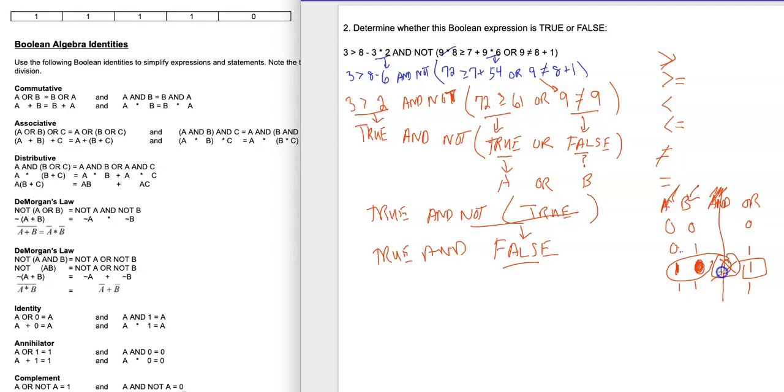In other words, the answer is false or 0. And in this exercise, since they are specifically telling us to write our answer as either true or false, I am not writing it as a 0. Instead, I'm writing the final answer as false. All of these steps were equivalent to this original long, messy expression, but the answer is simply false for this exercise.